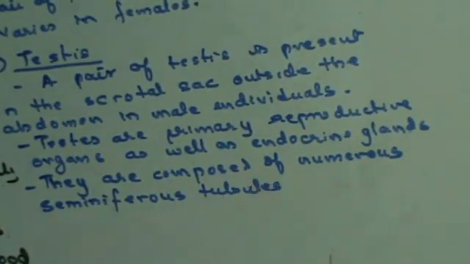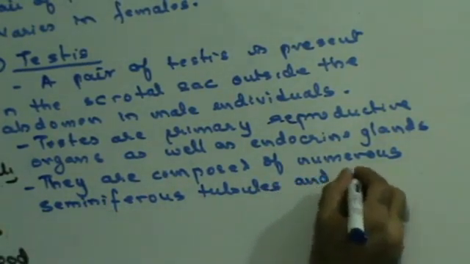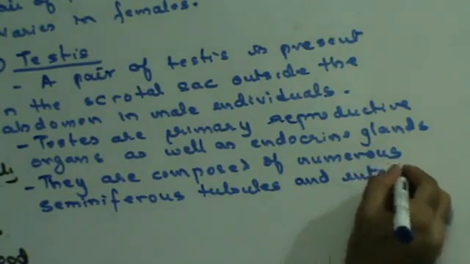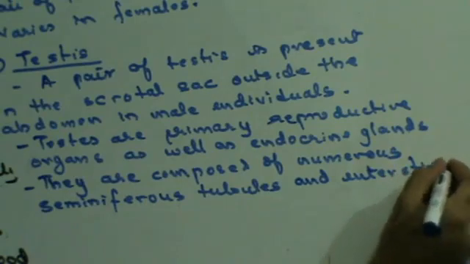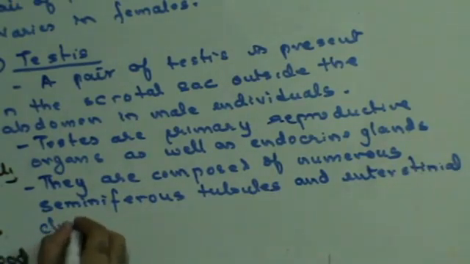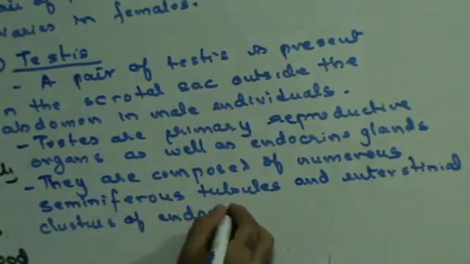We'll see these tubules when we do human reproduction. And interstitial clusters of endocrine cells.